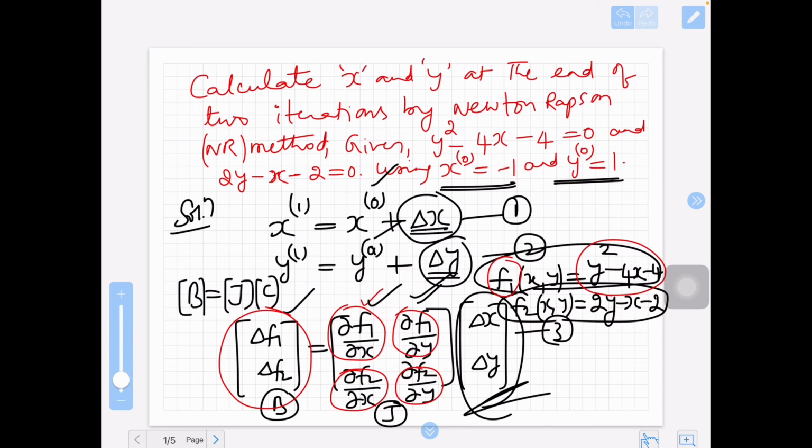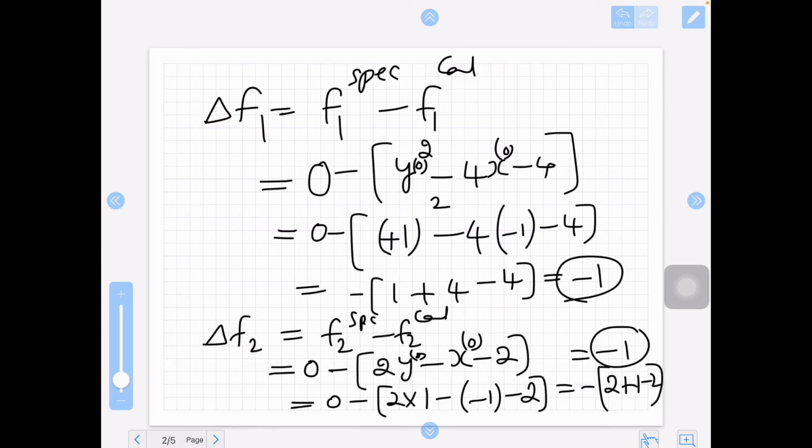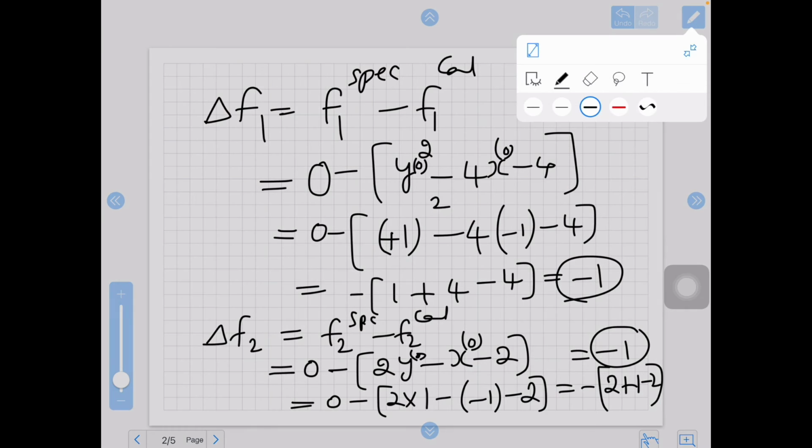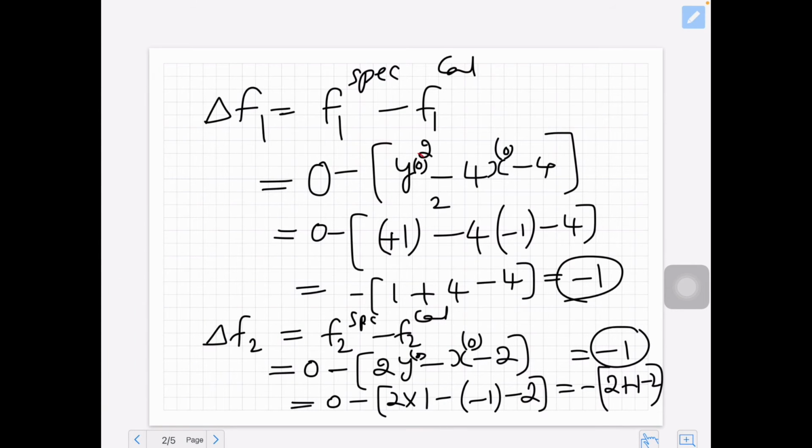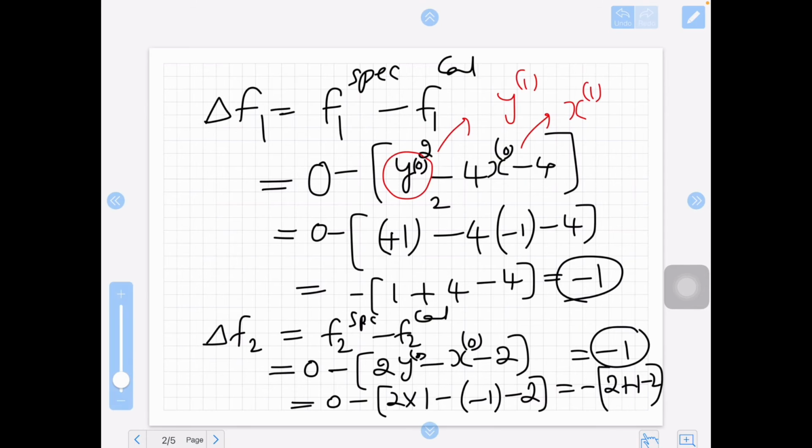So delta F1 and delta F2 remain the same, this calculation remains the same. The only change is that here y of 0 is there, but you have to consider y of 1, and here x of 0 is there, but you have to consider x of 1, whose values are known. When you are doing the first iteration, the initial solution given was x of 0 and y of 0, but when you are doing the second iteration, the initial values are not the 0th iteration, but the previous iteration. When you are doing the second iteration, the first iterated values we have to consider.